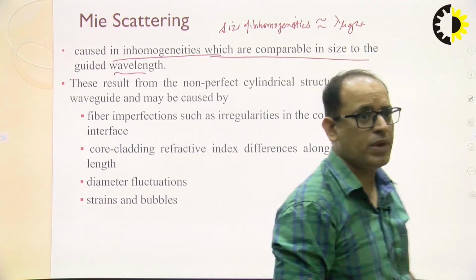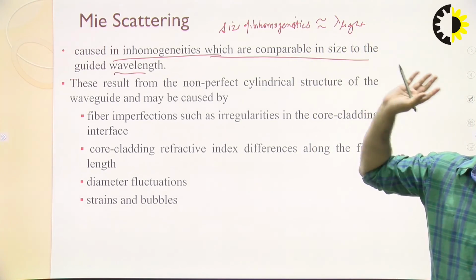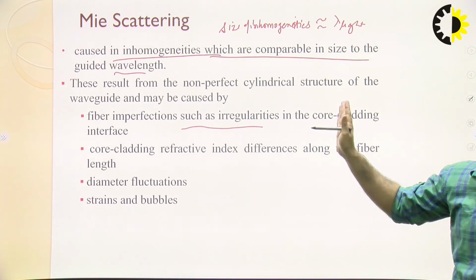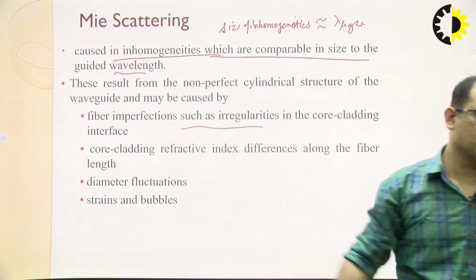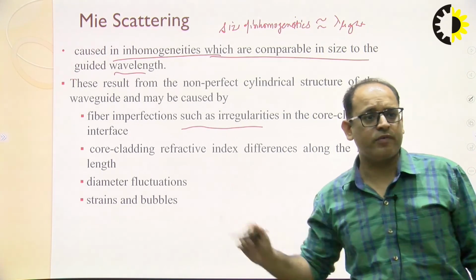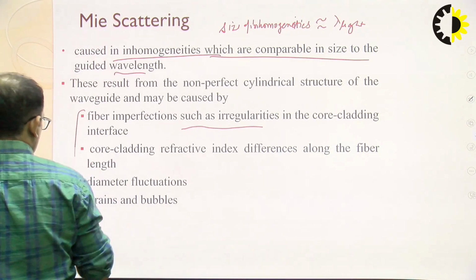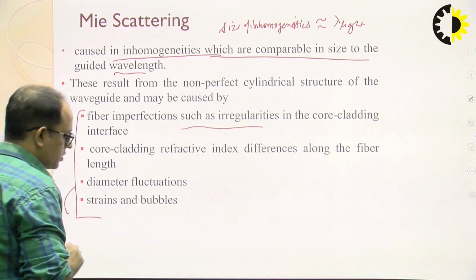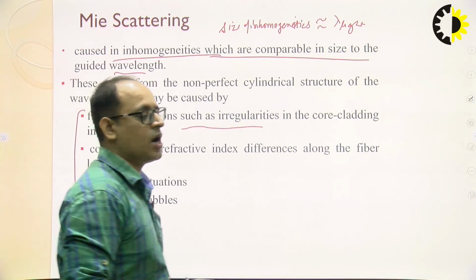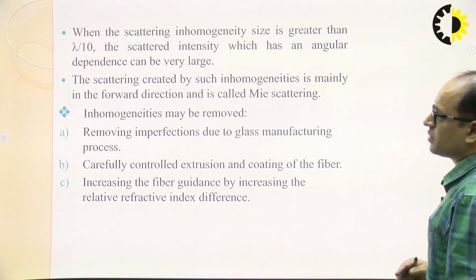This may be caused by particle size being large as compared to the wavelength, and can be caused by fiber imperfections such as irregularity in the core-cladding interface, refractive index differences along the length of the fiber, diameter fluctuation, strain and bubbles. These all can cause inhomogeneities inside the optical fiber, which are large as compared to the wavelength.